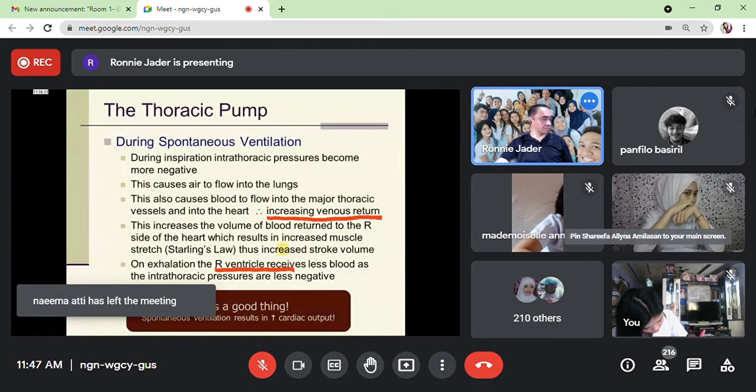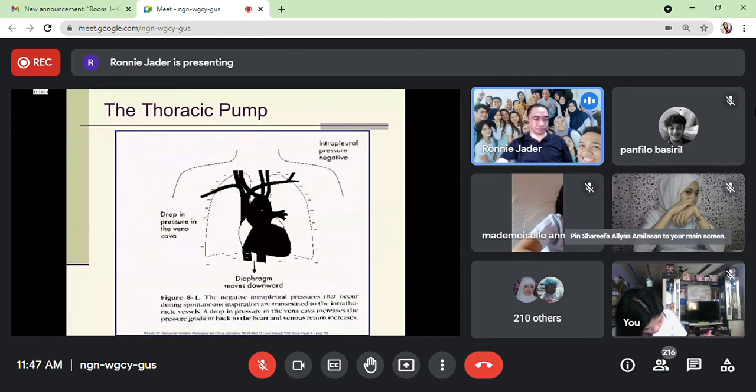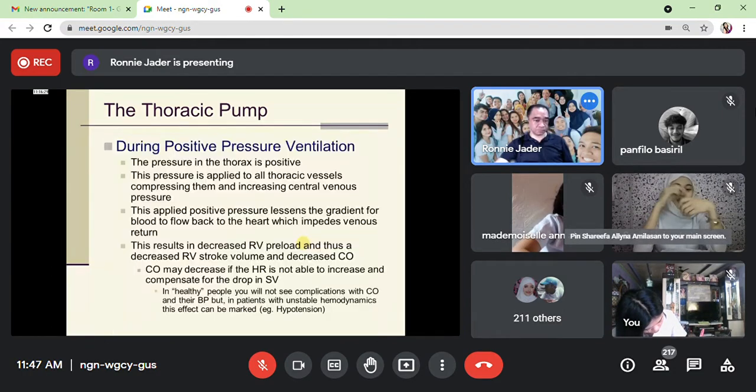All right, but it's reversed when we have positive pressure breaths. So in a spontaneous breath, we enhance venous return, helping fill that right side of the heart and improving cardiac function. But in a positive pressure breath, this is reversed and limited.